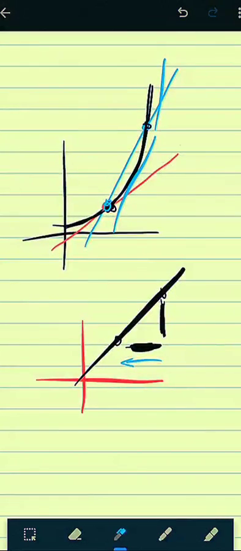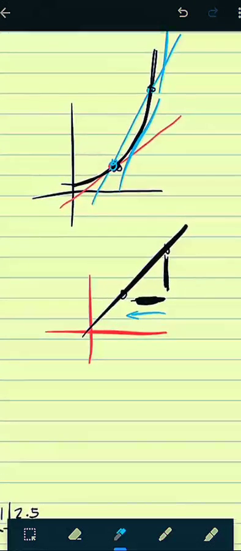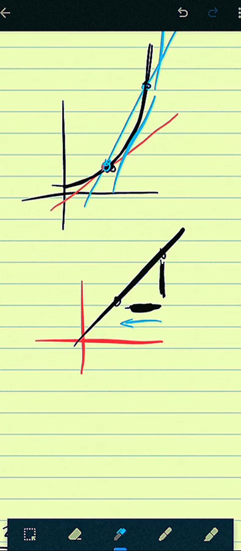So what's the big deal if we know the slope of a curve? The reason is, if we know the slope of a curve, we know the rate of change at an instant.